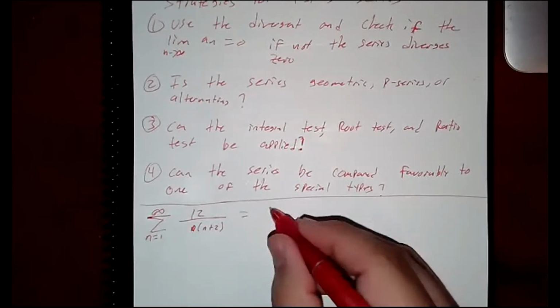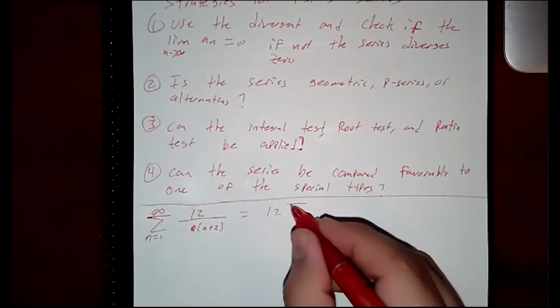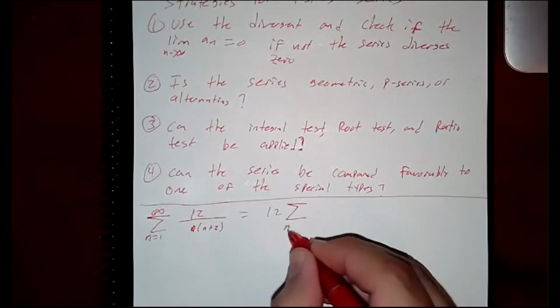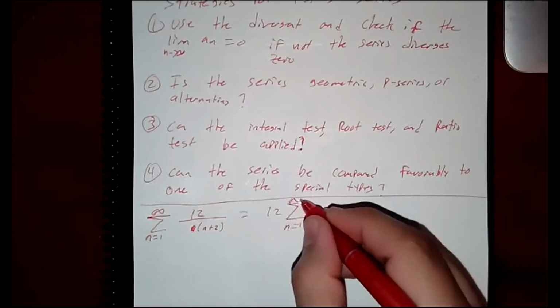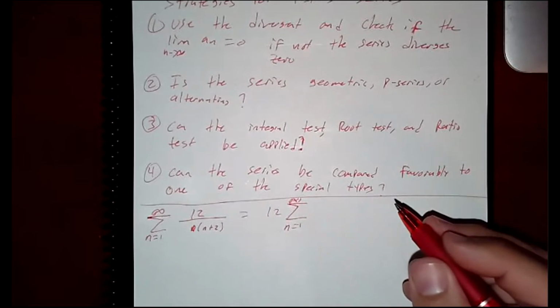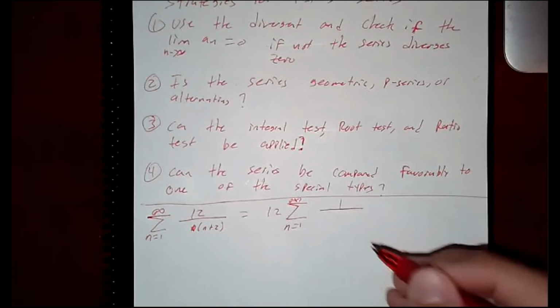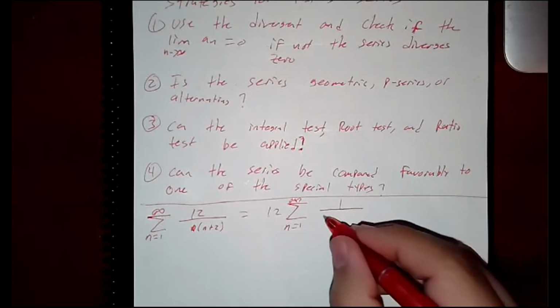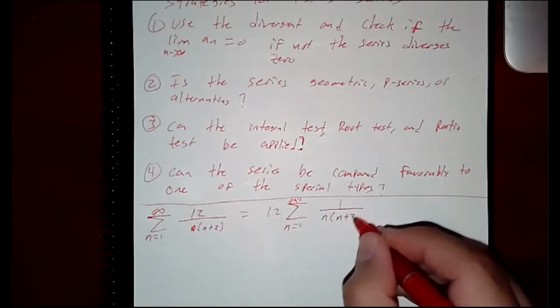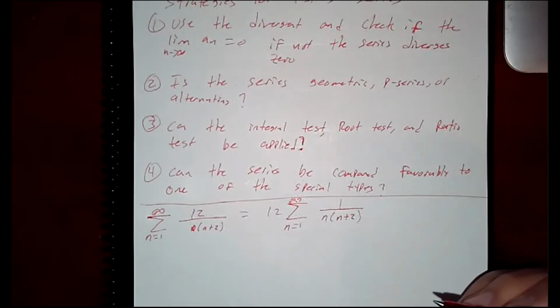So I would pull out the 12 first. This is just a number. And then I would try to see if I can apply any of the formulas. What section was this from? I think 9.2 or 9.3, let me check.